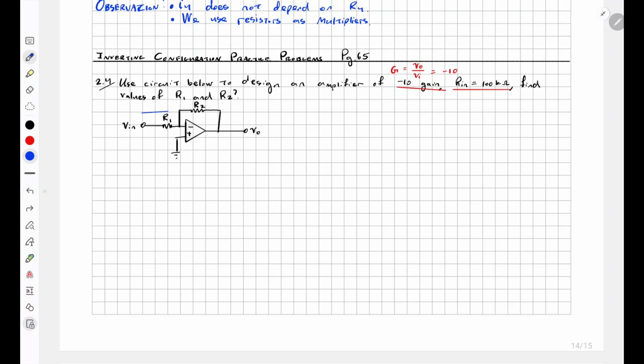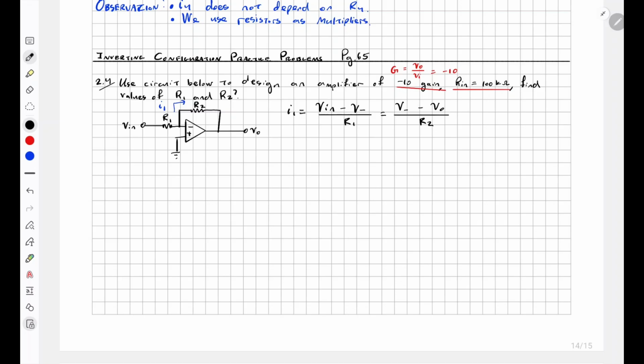Let's call this current I1. From KCL, I1 is equal to this voltage minus this voltage divided by R1, so it is V in minus V minus divided by R1. Another way to say this is that the current is also equal to that voltage minus this voltage divided by this resistance, so it is V minus minus V out divided by R2.